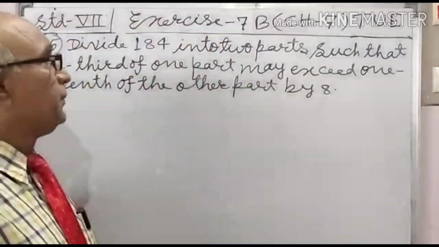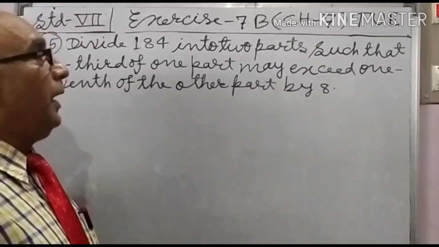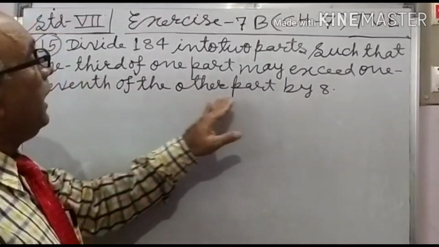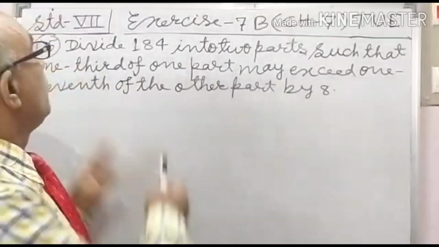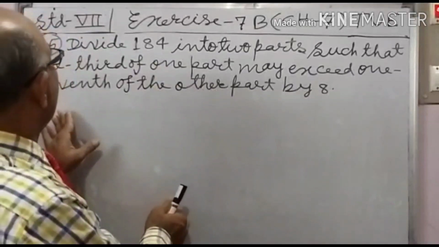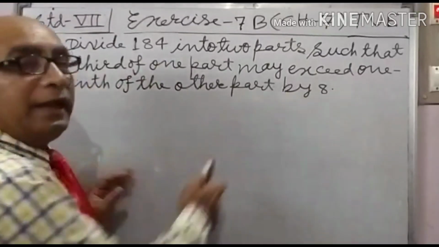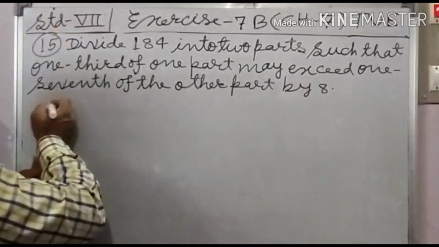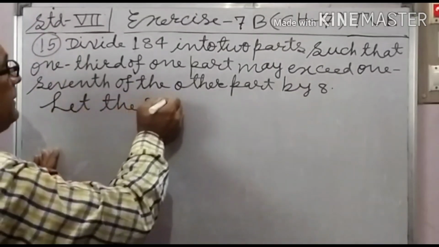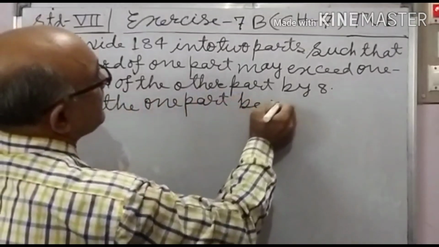Divide 184 into two parts such that 1/3 of one part may exceed 1/7 of the other part by 8. 1/3 of one part is greater than 1/7 of the other part by 8. So let the one part be x.